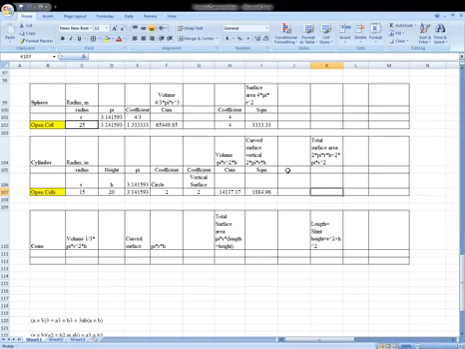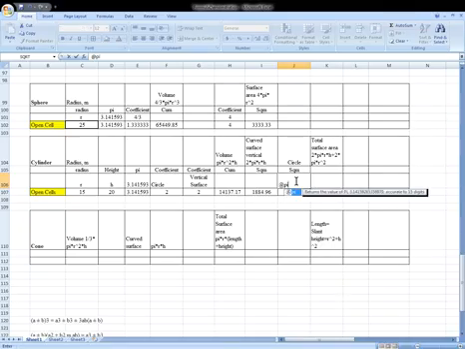So we can say the circle is here, that is square meter, and that's pi r square.